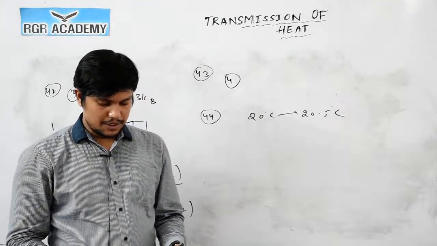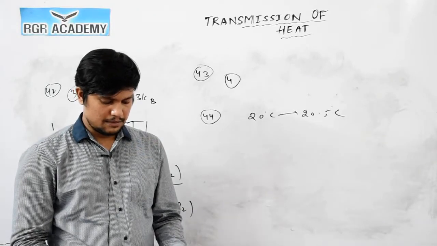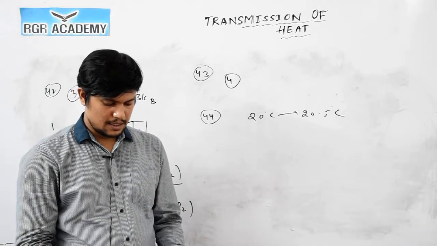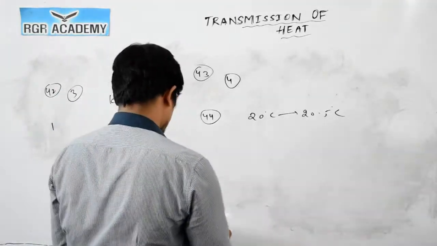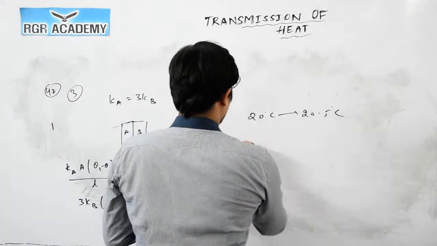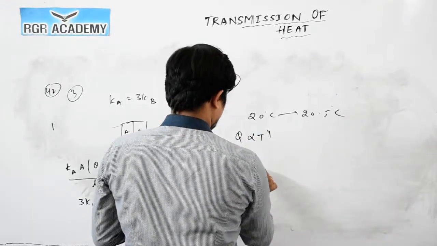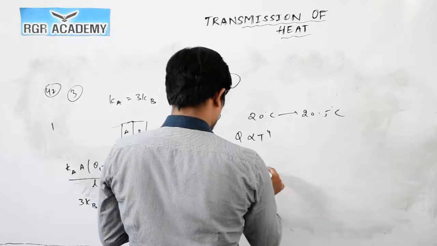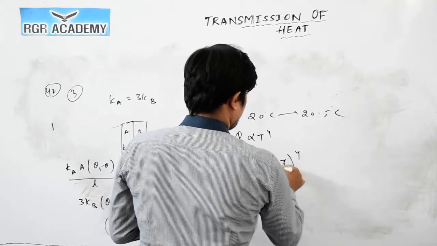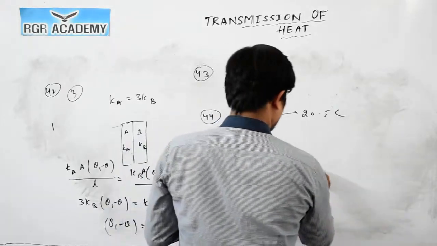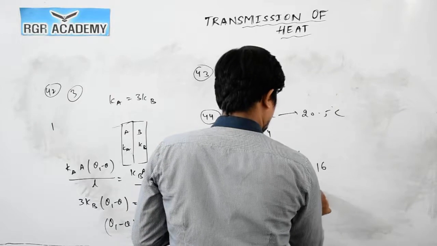If the absolute temperature of the black body is doubled and the experiment is repeated with the same quantity of water at 20 degrees Celsius, they are asking the new temperature of water. We know that the total heat radiated is proportional to T to the power 4. So Q2 by Q1 equals (2T by T) to the power 4, because the final temperature is twice, so it equals 16. So Q2 equals 16 times Q1.